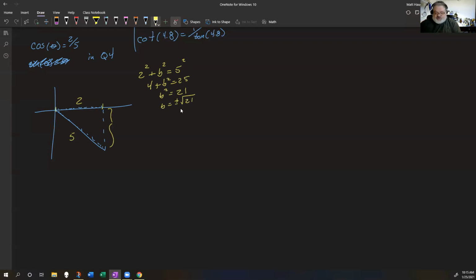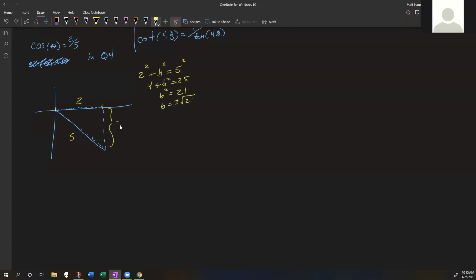Now, I've talked about stressing that we have to remember that plus or minus, and this is one of the many reasons why we need to decide whether we're going to use the positive or the negative there. And because we're in quadrant 4, what do we know about our y value? It's negative.